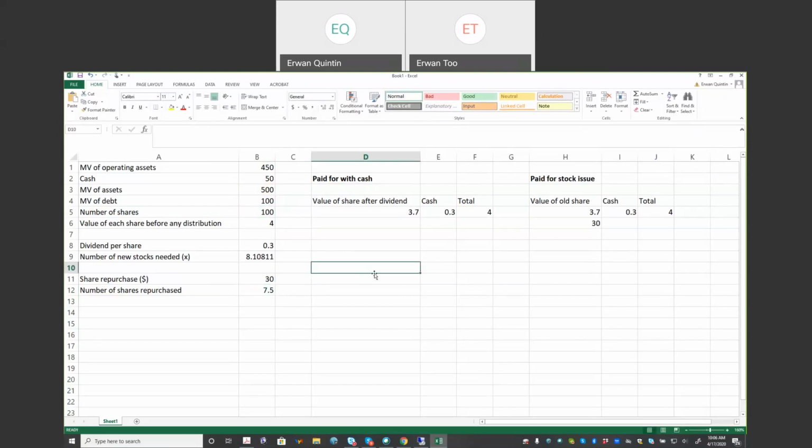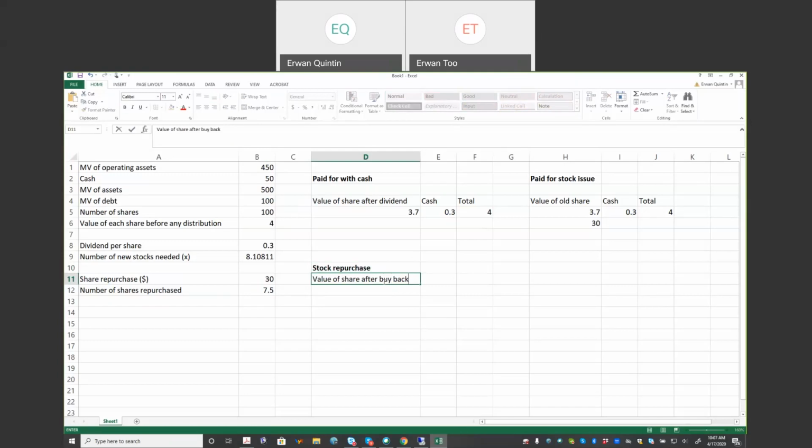So now, if I do the stock repurchase way of giving money back to my shareholders, I can calculate the value of the share buyback.